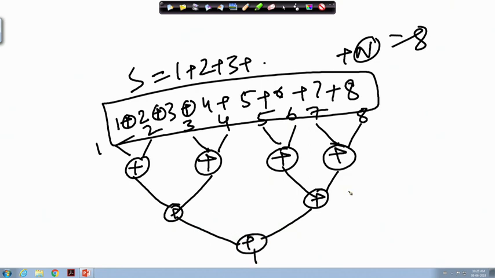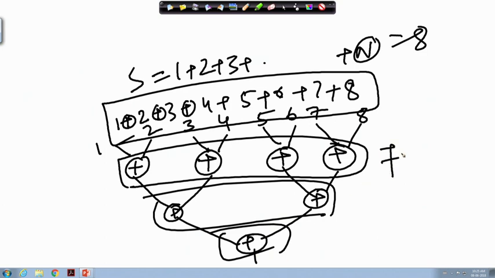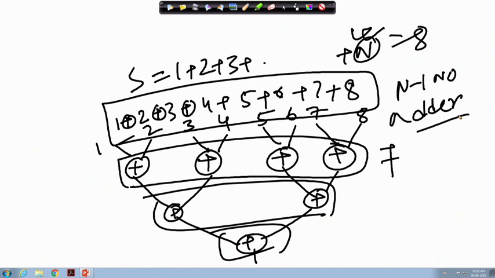Here you see how many adders I require? Total 7. So, for any n numbers added in this particular fashion, I need n minus 1 adders.